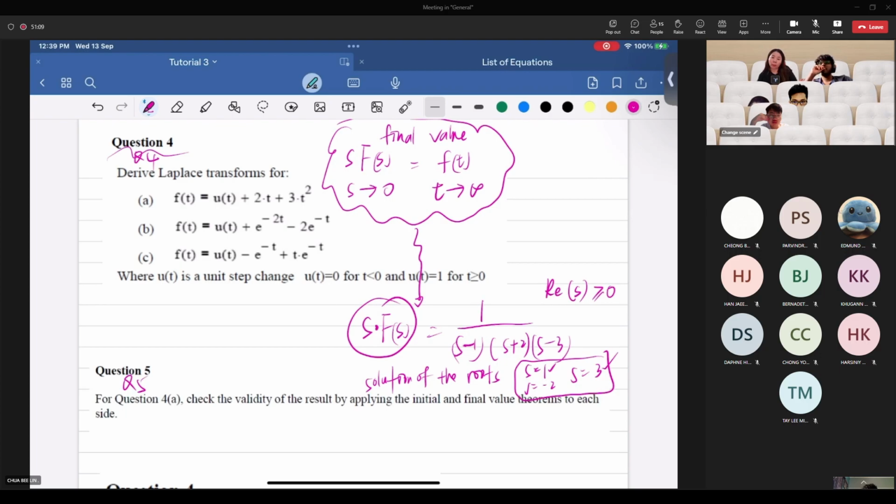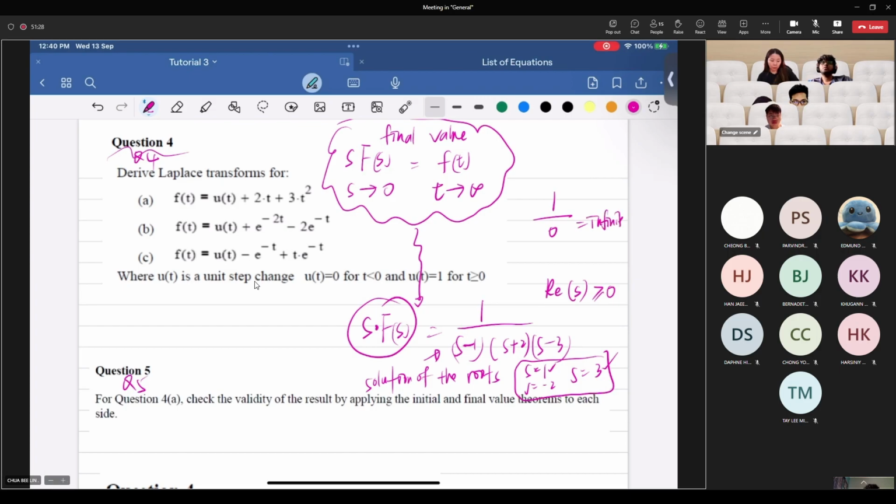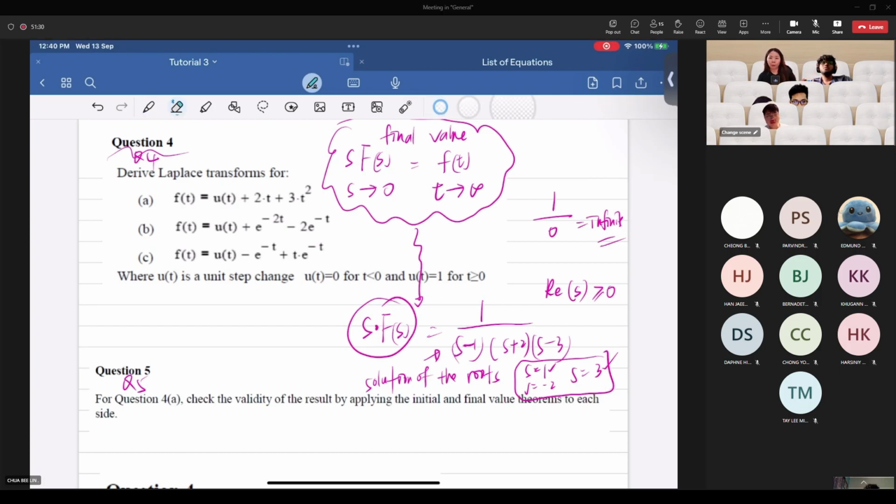You can go back to the lecture slides. When you have the answer larger than 0, making a term like 1 divided by 0, it will give you infinite, meaning a very big value. So you cannot use the final value theorem.